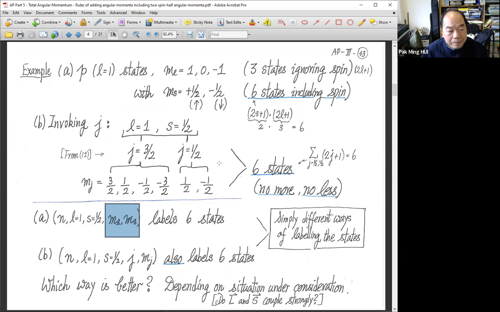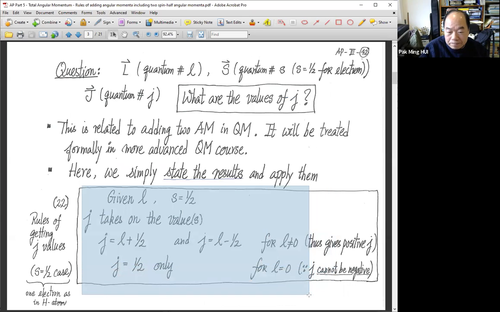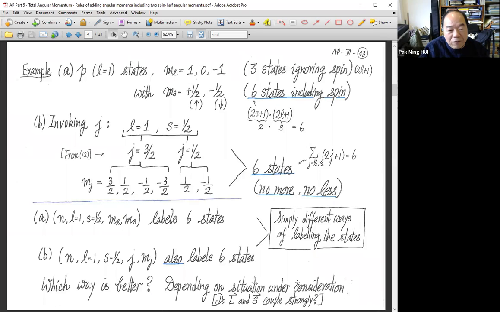Now, I'm going to apply this rule. I want to define a total angular momentum, which is L plus S. And I just listed the rule to define the J-squared eigenvalues.